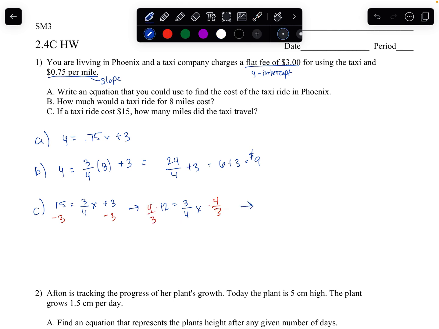And so in this case, 4 times 12 is 48. So 48 over 3 is going to be equal to x, and 48 divided by 3 is equal to 16. So x will be equal to 16 miles. So that's how far you could go with $15.